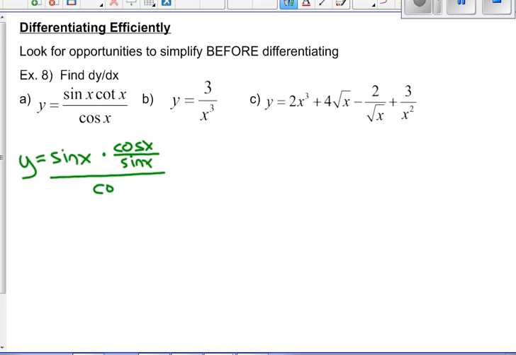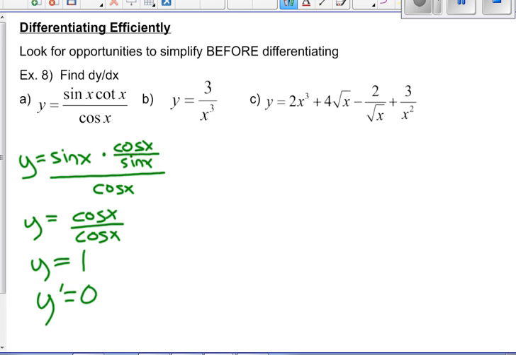This is all over cosine. That means my y is just cosine over cosine. Oh my gosh, my y is just the number 1, and its derivative is 0. If instead we had used all that product rule and quotient rule stuff, then it would have been painful. So you want to look for those opportunities.